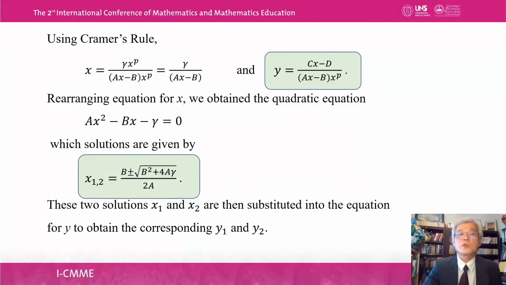Then we use Cramer's rule to get x as determinant of A of x over determinant of A, and y is determinant of A of y over determinant of A. We rearrange the equation for x, and we get a quadratic equation with the solution readily available as a quadratic formula. These two solutions x1 and x2 are then substituted into the equation for y to obtain the corresponding y1 and y2.